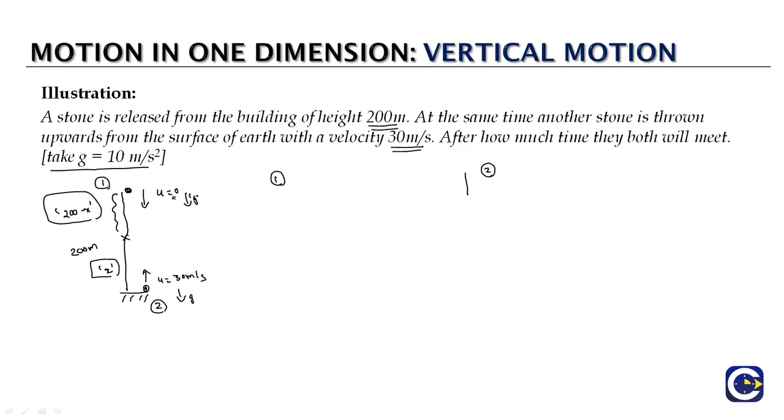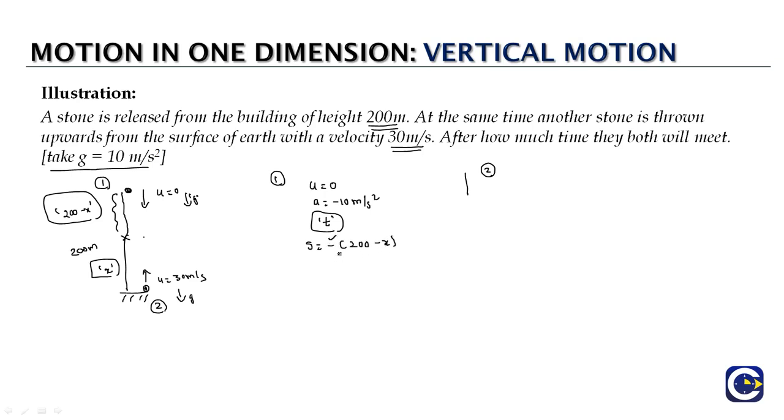For the first particle, the initial velocity is 0, acceleration is g downwards. We take the g value to be 10 meter per second square. So for the first particle, u is equal to 0, a is equal to minus 10 meters per second square, and t is the time at which they both will meet, and the displacement from the initial position to the final position will be minus of 200 minus x.